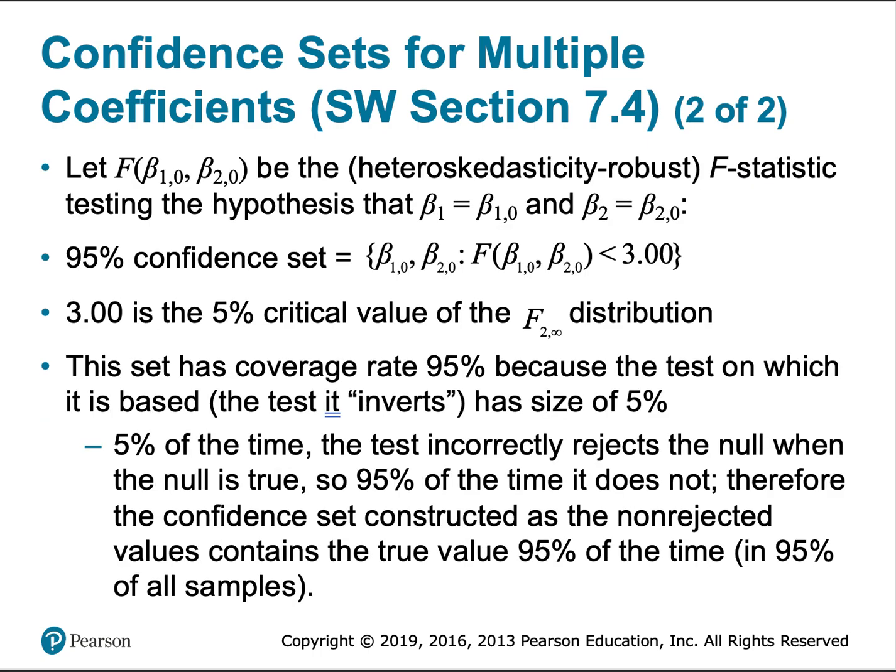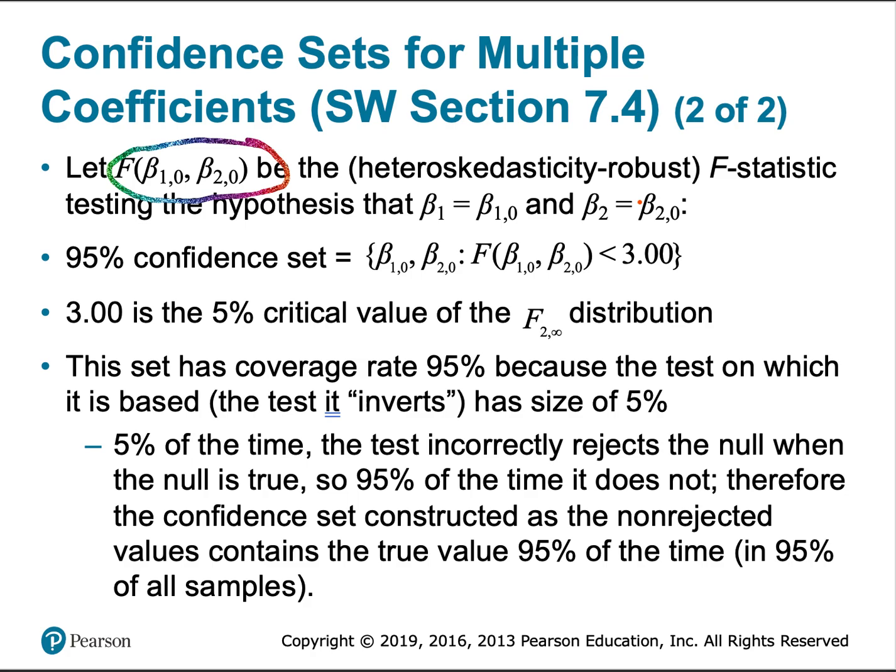So let's let this F statistic, F(beta 1, beta 2), be the heteroscedasticity-robust F statistic testing the hypothesis that beta 1 equals the beta 1 null hypothesized value and beta 2 equals the beta 2 null hypothesized value. And typically we are testing that beta 1,0 is equal to 0, beta 2,0 is equal to 0.